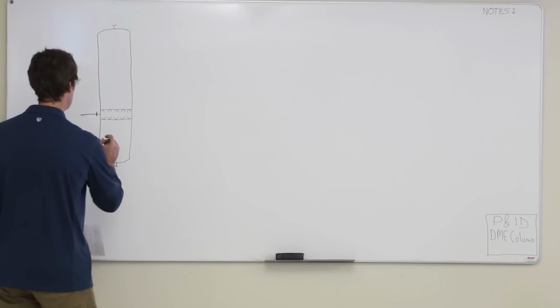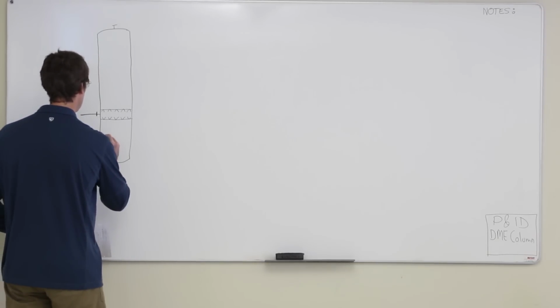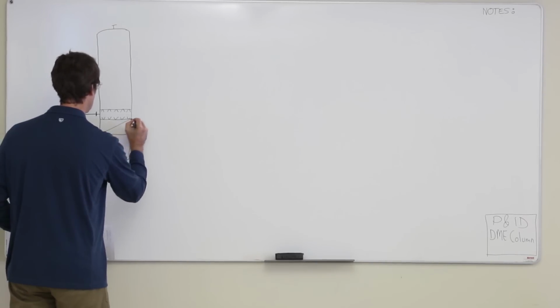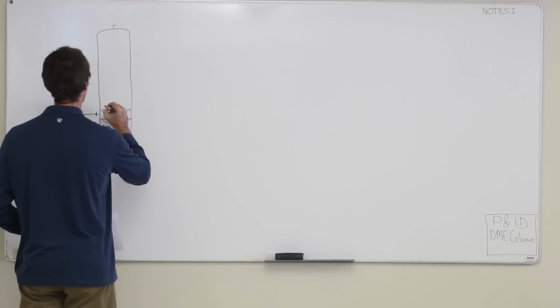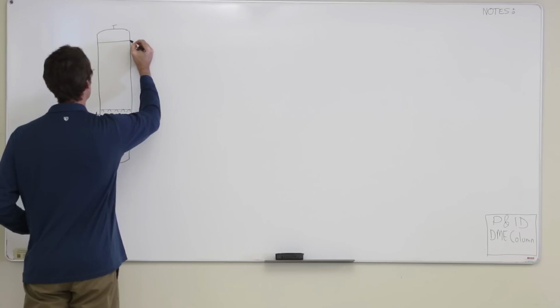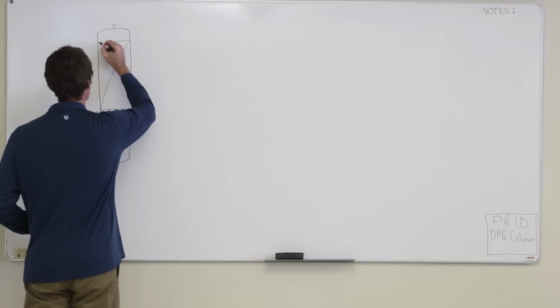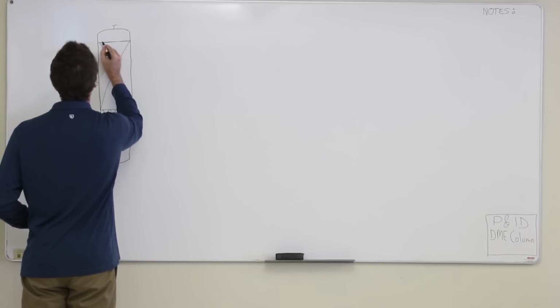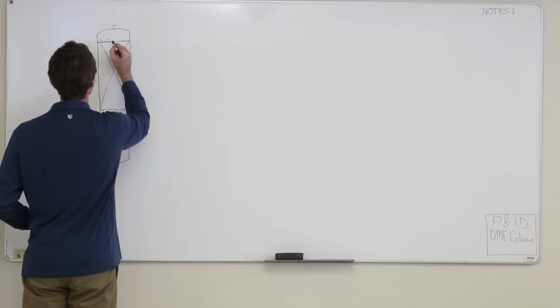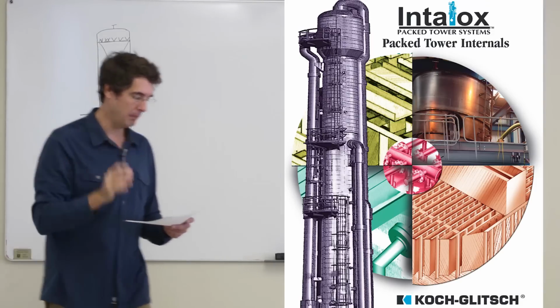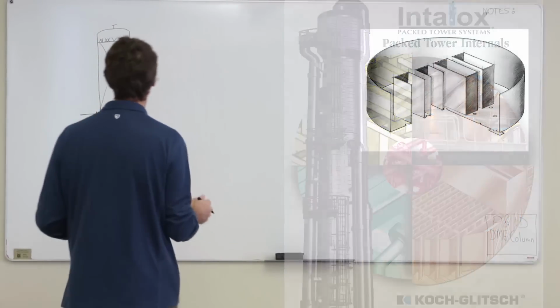So let's put the tower packing in here. I bet I'm going to run out of space here on this one. Okay. I'm going to do that. So I'm just going to show the packing like that. Need a liquid distributor here. You know what, I should really go to the glitch manual and just get a better diagram of what a liquid distributor looks like.